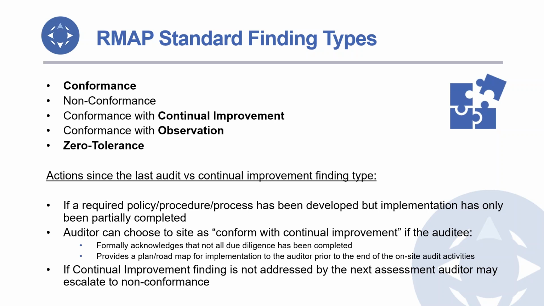If you're conducting a repeat audit of a facility that has already undergone a revised standard assessment, you may also look at conformance with continual improvement findings to see if the facility has closed them out and note them in the section. But this section is broader than just past conformance with continual improvement findings.